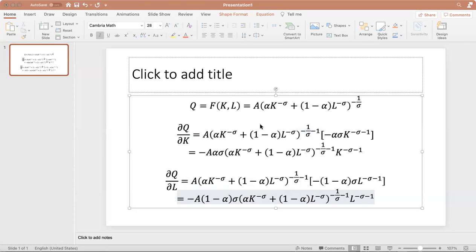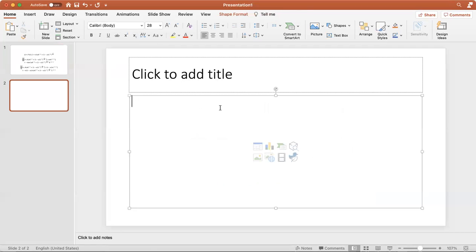Again, involving something to do with the firm. So let's have a new slide, and let's have this problem. Suppose you have the cost function.